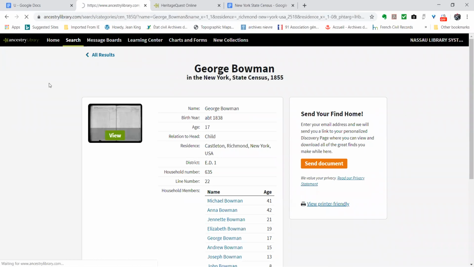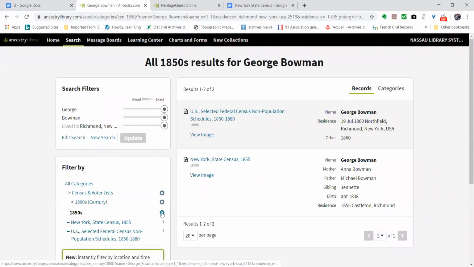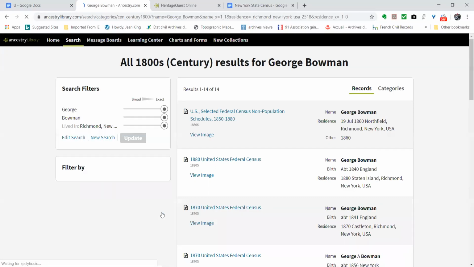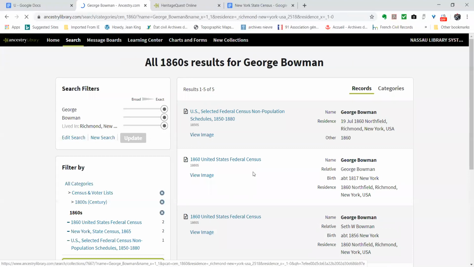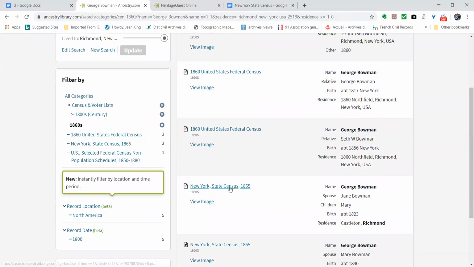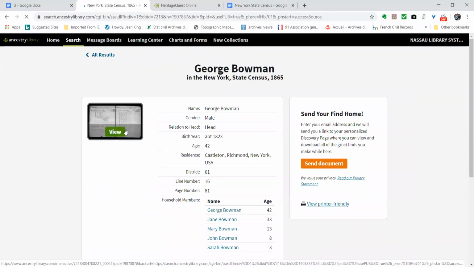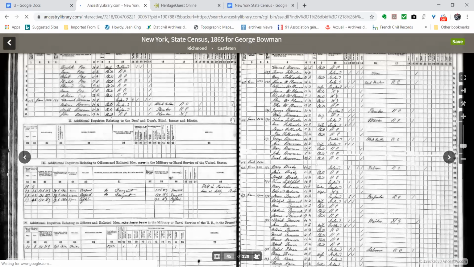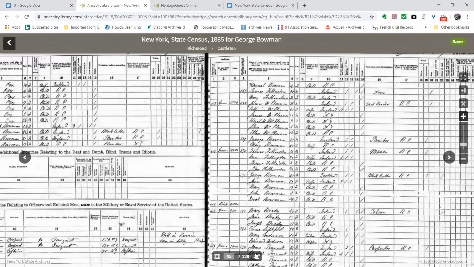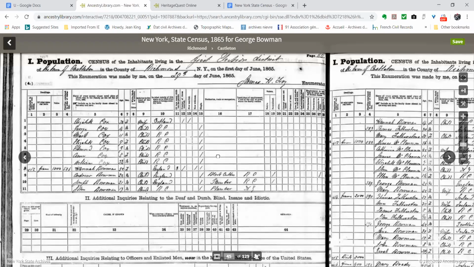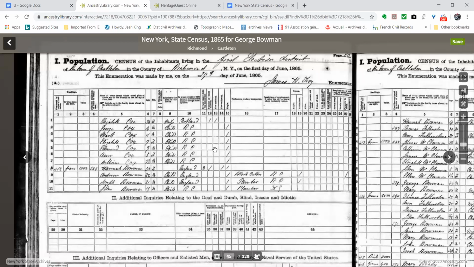I have 1865. It was harder finding some of these examples with my relatives. Okay, so here's these. Now this is actually my third great grandfather. And this one was interesting because in 1865, they had almost supplemental information.